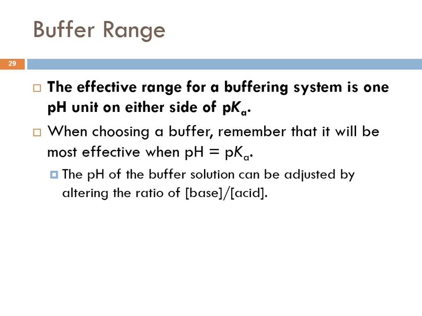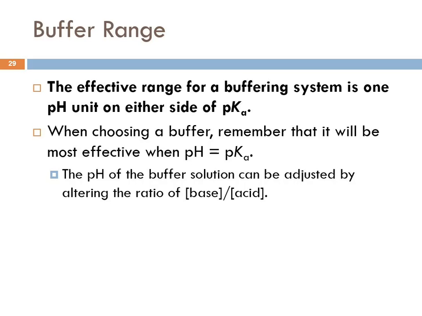So, here's a nice rule of thumb as well. The effective range for a buffering system is 1 pH unit on either side of the pKa. Buffers are something that biologists use, right? Buffers are things that get used in the healthcare industry. And how do you choose what to use for your buffer? Well, one of the things is, what kind of pH are you trying to buffer?